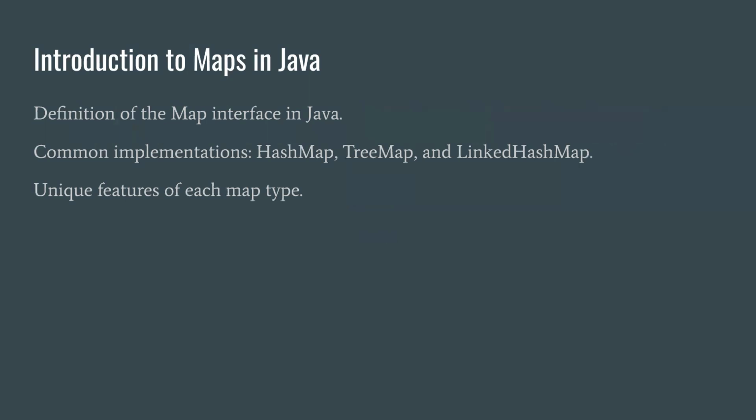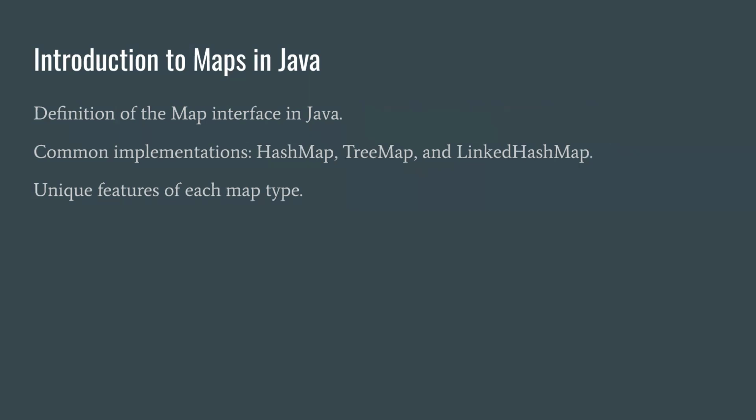Hello, everyone. We're going to look at different implementations of the Map interface. For the Map interface, there are other implementations such as HashMap, TreeMap, and our focus for today will be LinkedHashMap.